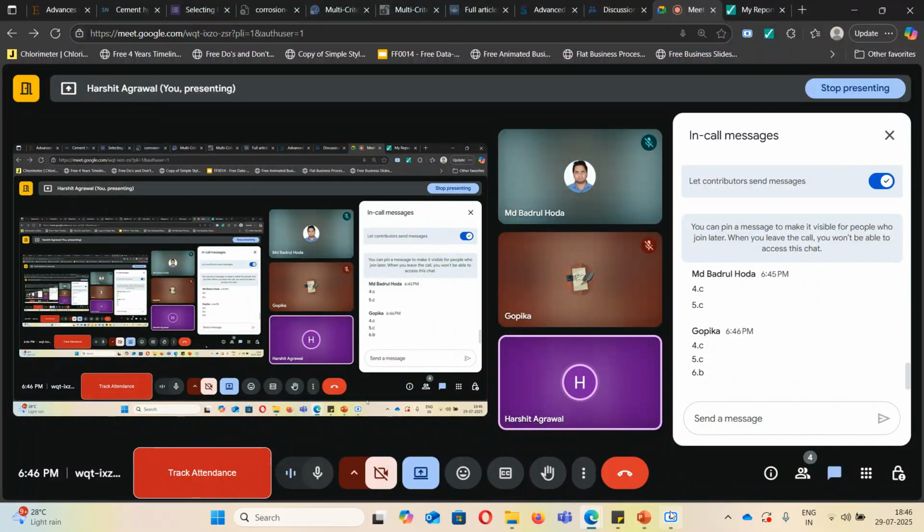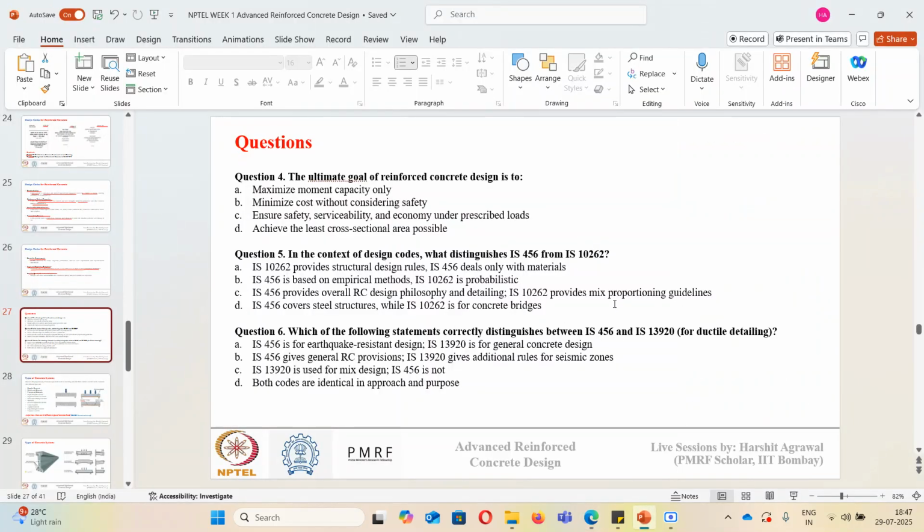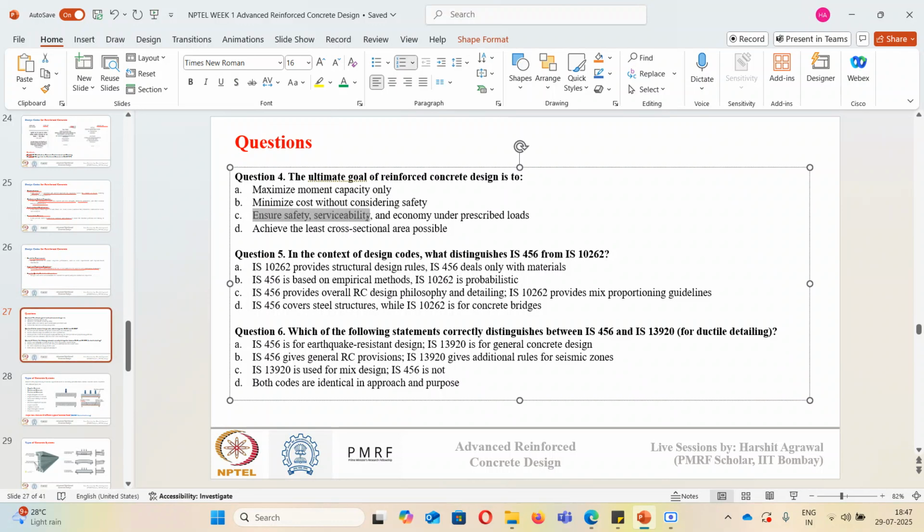Okay, let's see the answers now. Question number 4, the ultimate goal of reinforced concrete design is to. So the correct answer will be C for this. Okay. So when we are talking about reinforced concrete design, it is not just about strength of concrete or entire composite material. There are three aims of design.